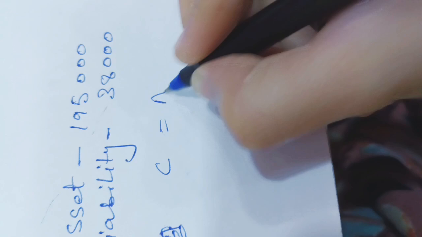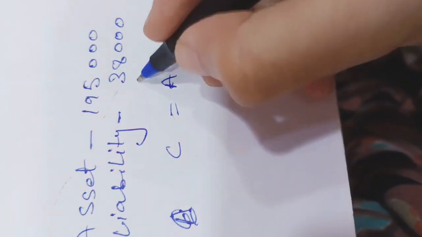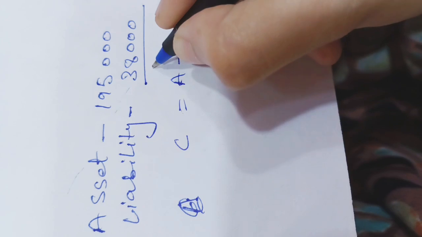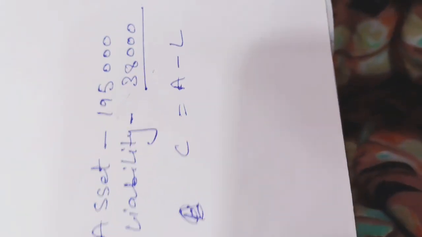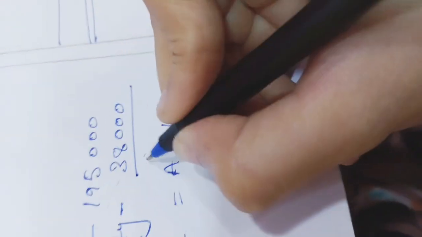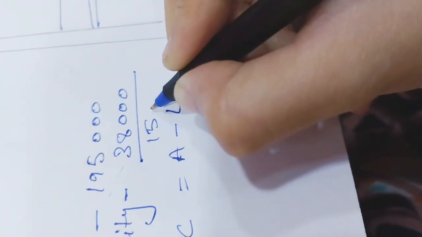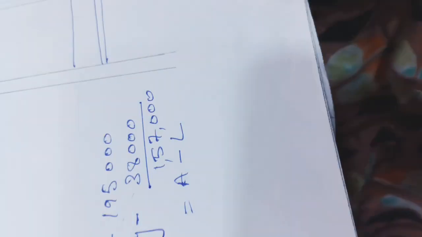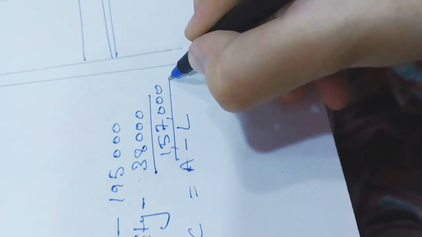According to the formula, we have to find capital, so capital is equal to asset minus liability. If we subtract 1,95,000 and 38,000, 1,75,000 will come. Okay, this should be our capital.